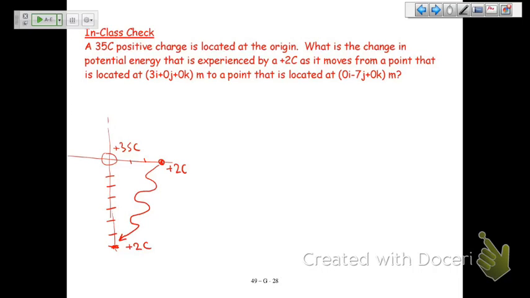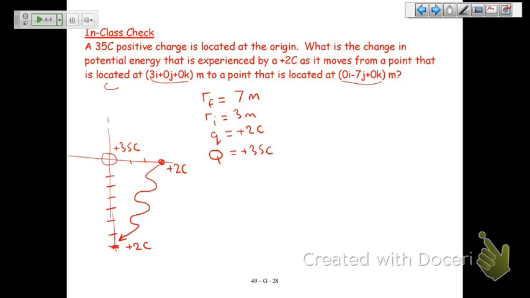What do I know? I know R final is equal to 7 meters. I know R initial is equal to 3 meters. I got that from there, didn't I? I know that little q is equal to plus 2 coulombs. I know that big Q is equal to plus 35 coulombs.